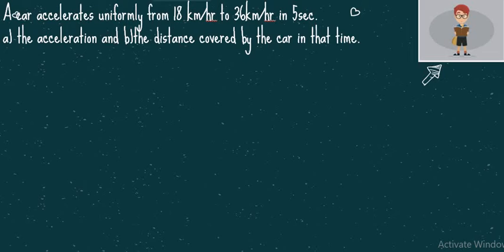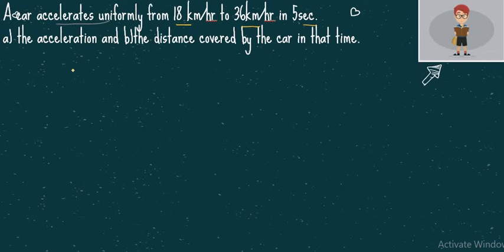Next, a car accelerates uniformly from 18 km per hour to 36 km per hour in 5 seconds. They have asked us to find the acceleration and the distance covered by the car in that time.